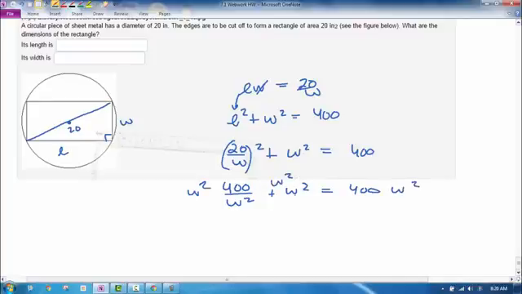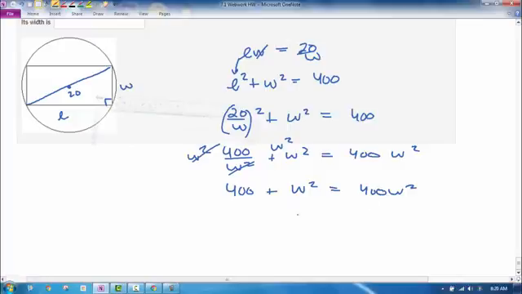And this gives me 400 plus W to the 4th equals 400 W squared. Then I'd write this in standard form. So I'll move these over to the right. I'm sorry, this is W to the 4th right here. So I'd have W to the 4th. Move this over to the left then. Minus 400 W squared plus 400 equals 0.